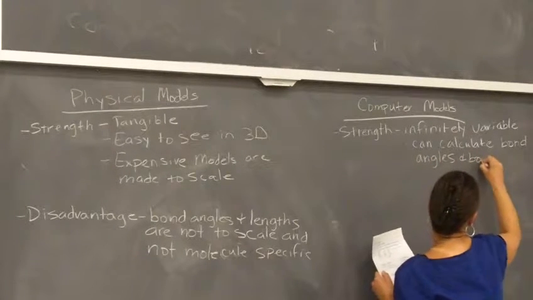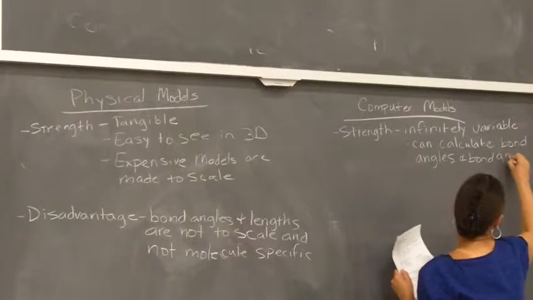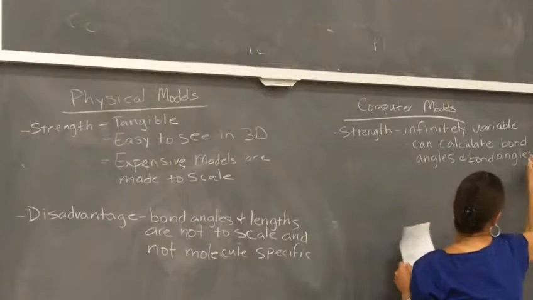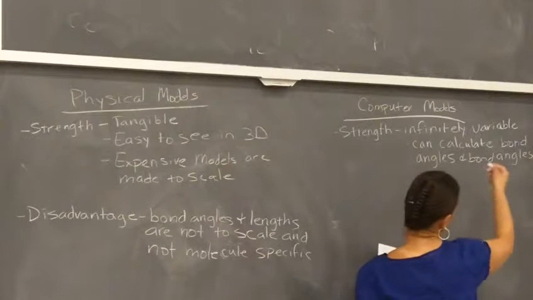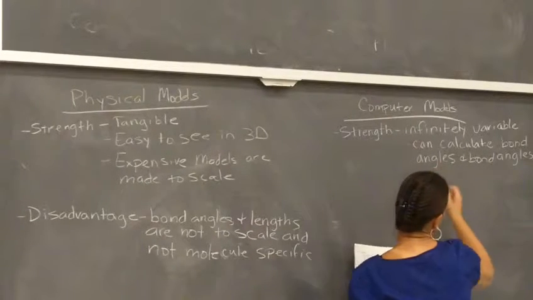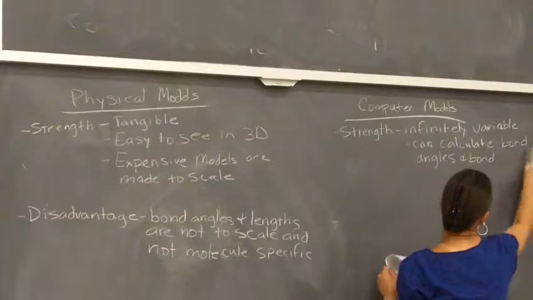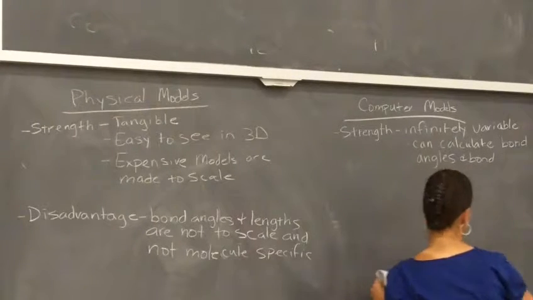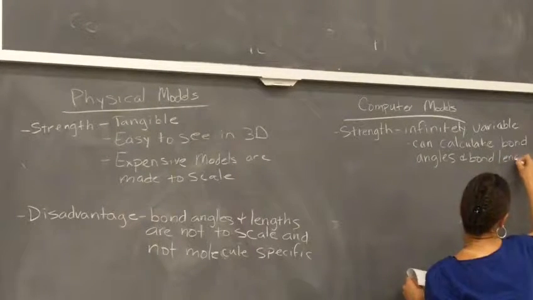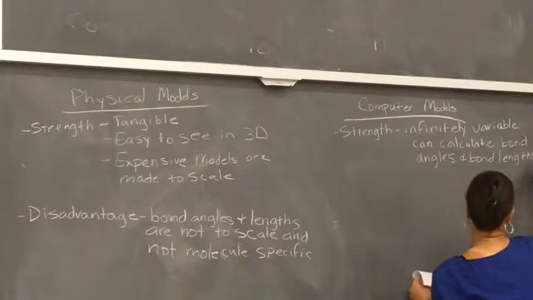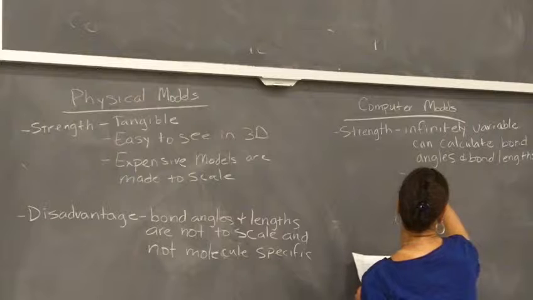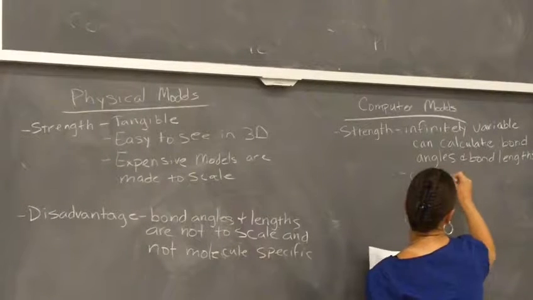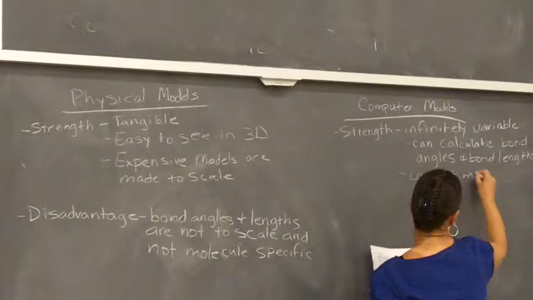And it just depends on how good the program is, how well defined the program is as to bond angles and bond length, how good these calculations are, but it can make those calculations. You can optimize a molecule for a specific geometry.